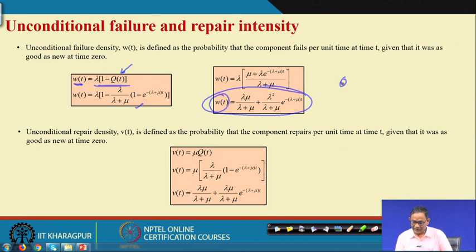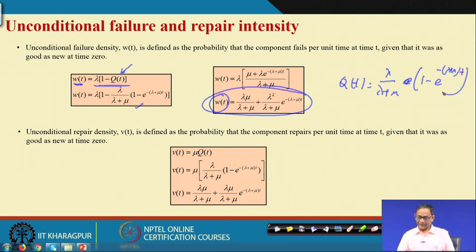So, q t is what? Q t we got is lambda by lambda plus mu into 1 minus e to the power minus lambda plus mu into t. Then W t is this. Again the repair one, the unconditional repair intensity, you will be writing like this.